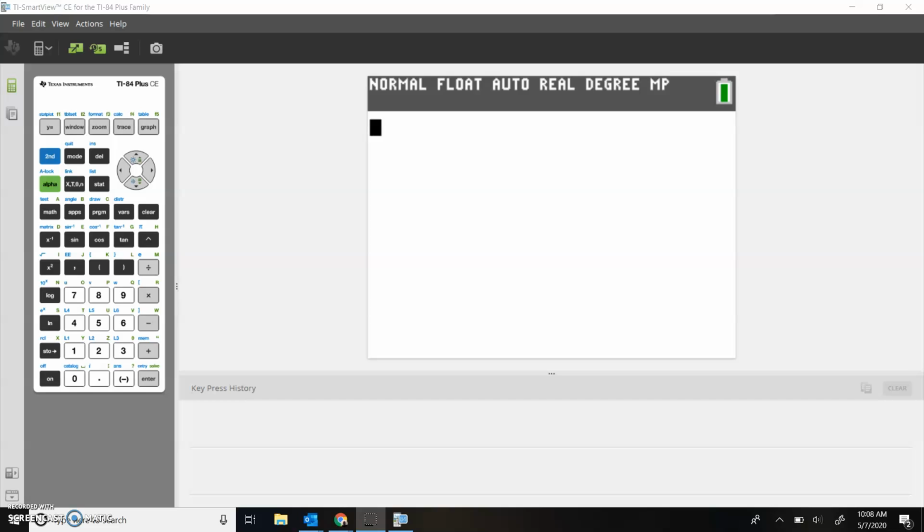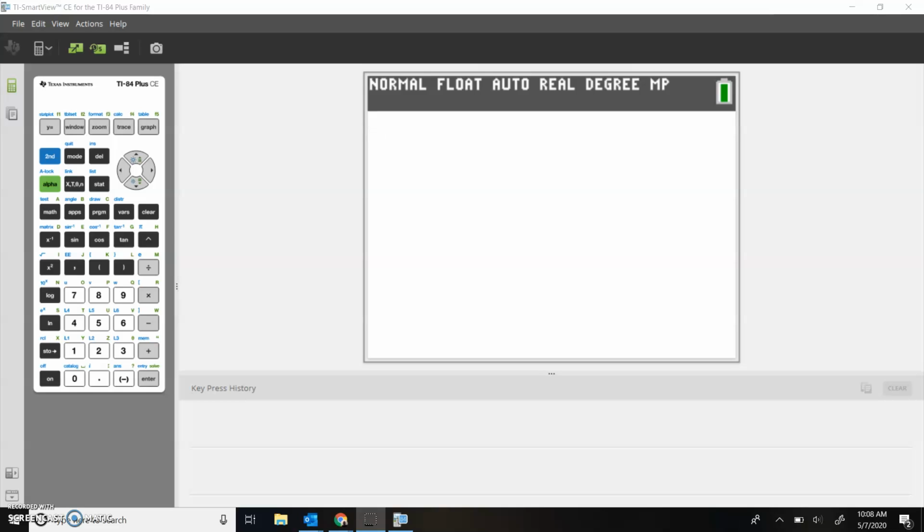If you happen to have the TI-84 calculator, or if you're using this particular software, it will emulate the TI-84, but here is a screenshot of what the little screen looks like, and you can see across the top it has the words normal, float, auto, real, degree, MP. This tells us what mode the calculator is in.